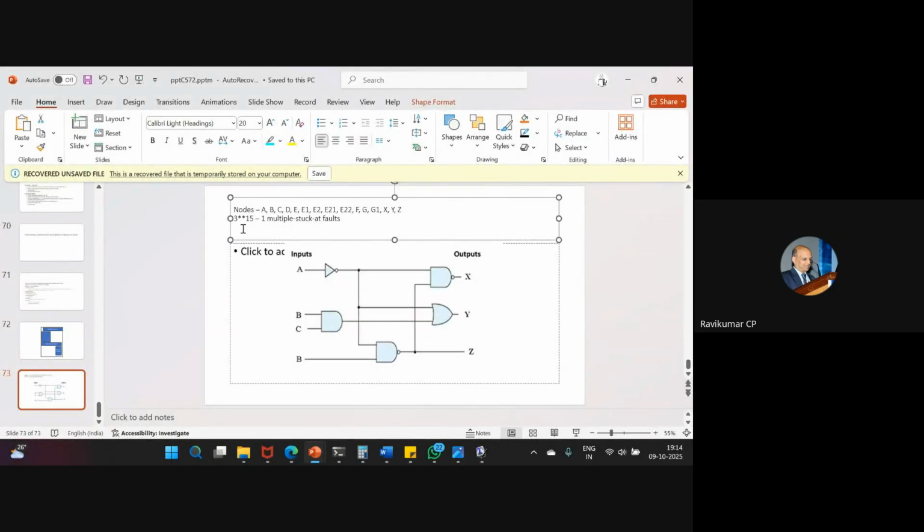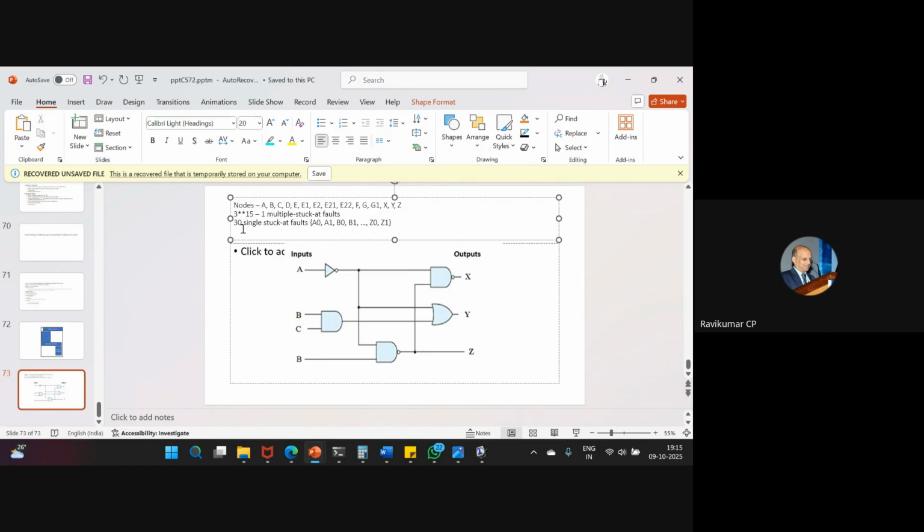So there can be 30 single stuck at faults. So we can label them A0, A1, B0, B1, and Z0, Z1. Okay. So this 30 seems reasonable, right?